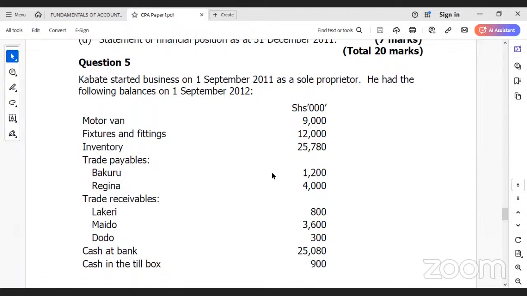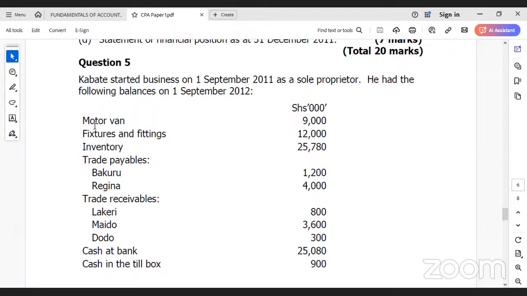So I expect you to be having a ruler on your table and a pen and a book. You're going to prepare these accounts one by one. Then we see what we are going to enter in those accounts. We look at the transactions that transpired during the month. We enter all those transactions one by one. Then we shall balance and then see how we can come up with a trial balance.